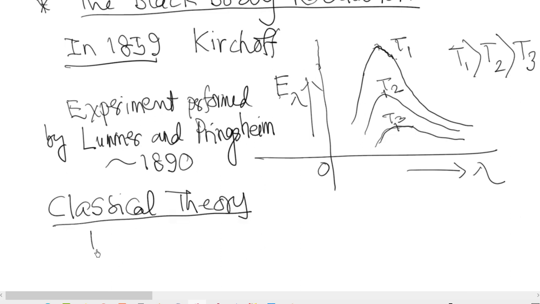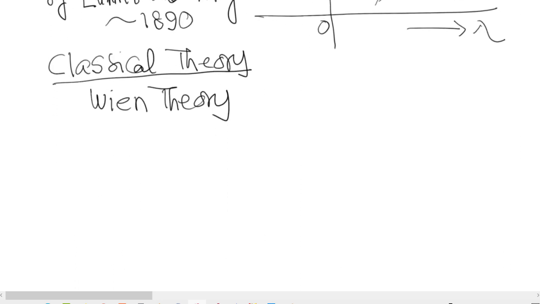First we discuss Wien theory. In order to find a theoretical interpretation of the actual distribution, Wien in 1893 derived an expression on the basis of thermodynamic considerations.